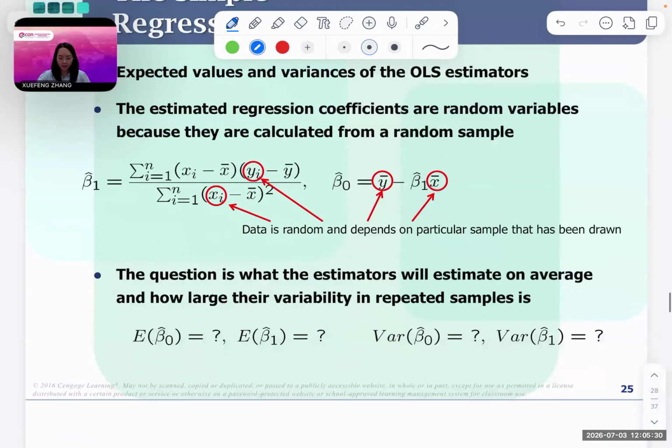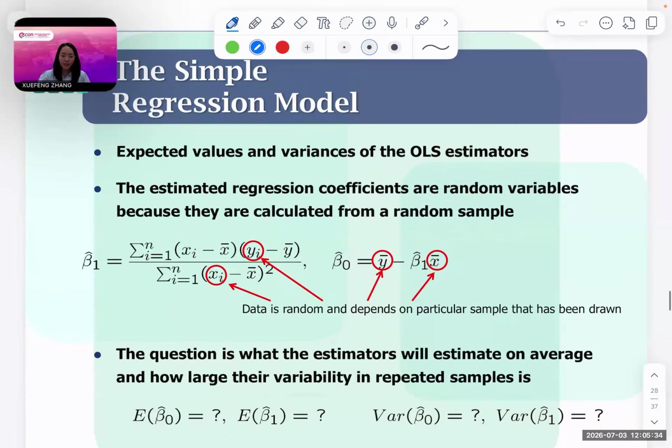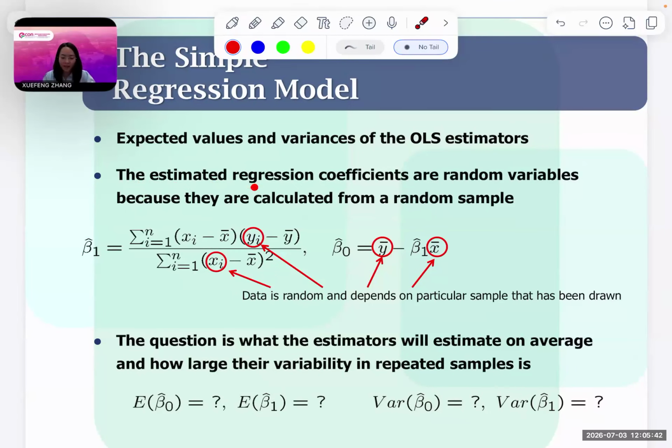And let's continue. The expected value and variance of the OLS estimator. Okay, the estimated regression coefficients are random variables because they are calculated from a random sample. So take a look here.